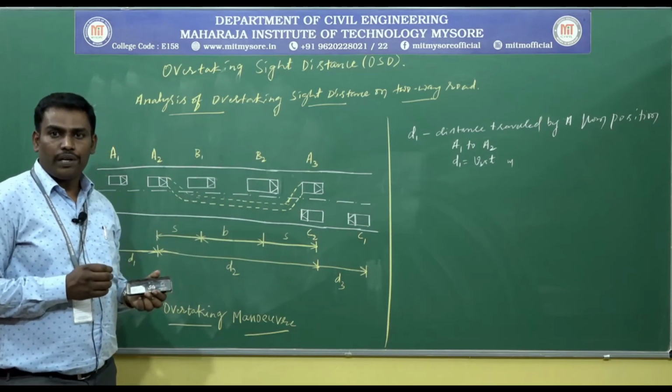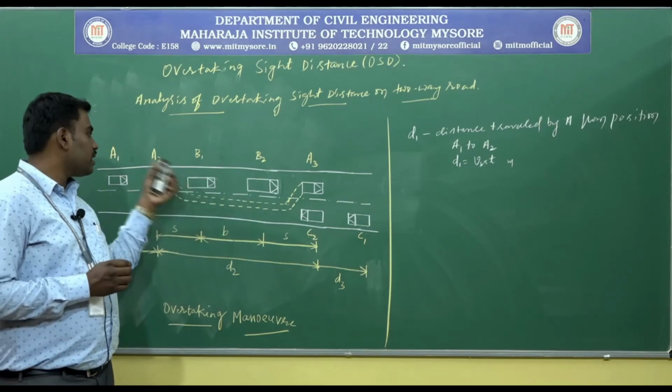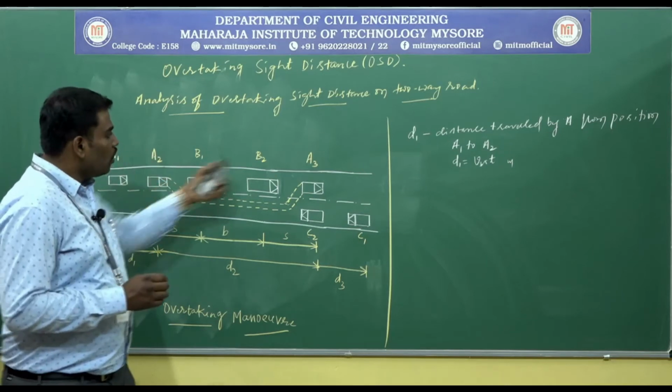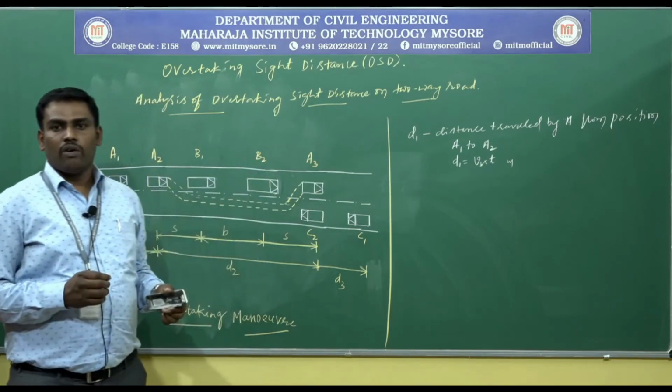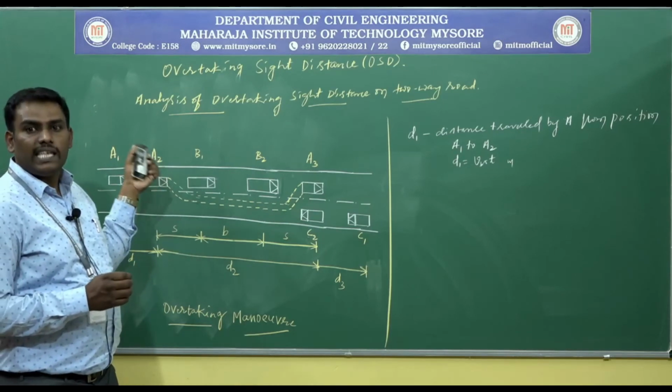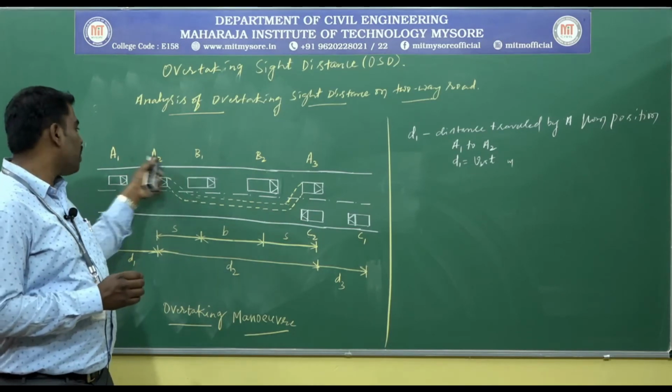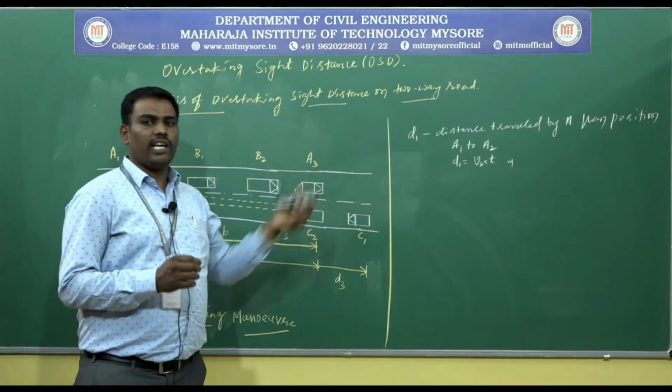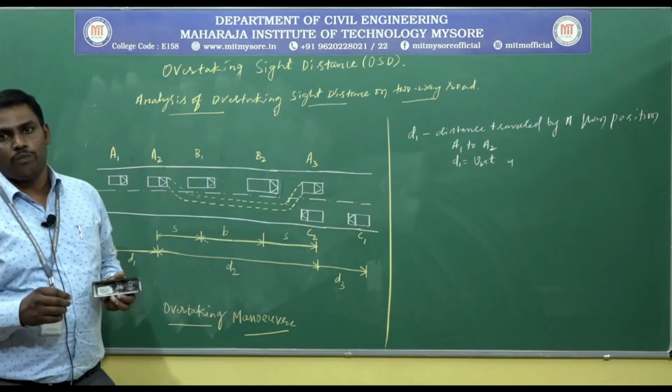Whatever distance is covered by vehicle A to change its position from A2 to A3, that distance is D2.